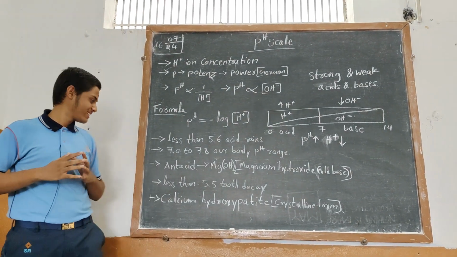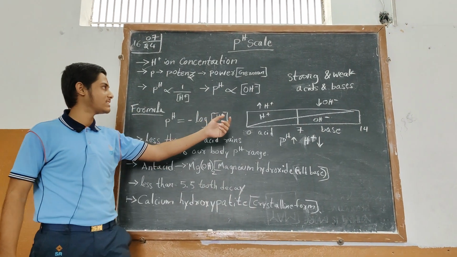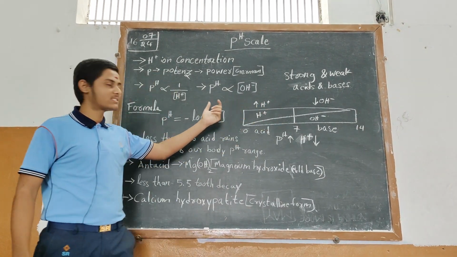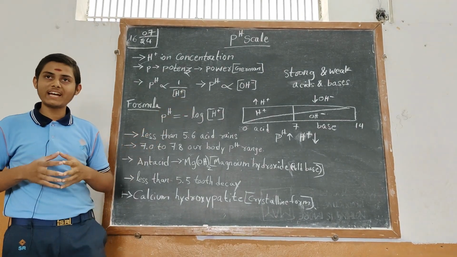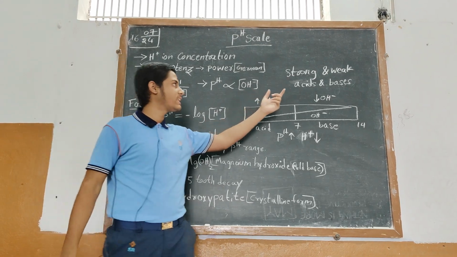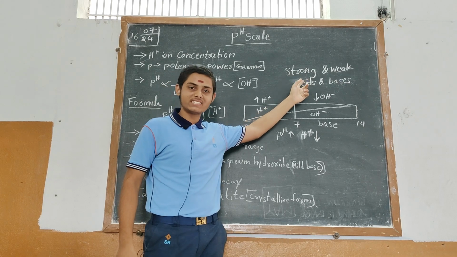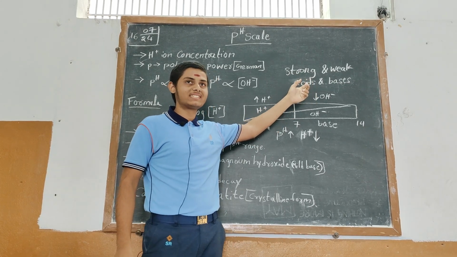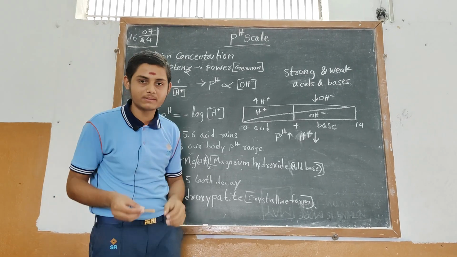so that you can be healthy and good enough. Next, coming to strong acid or weak acid: if the H plus ion concentration is more, they are called strong acids. If the H plus ion concentration is less, then they are called weak acids. We can also test this with litmus paper.